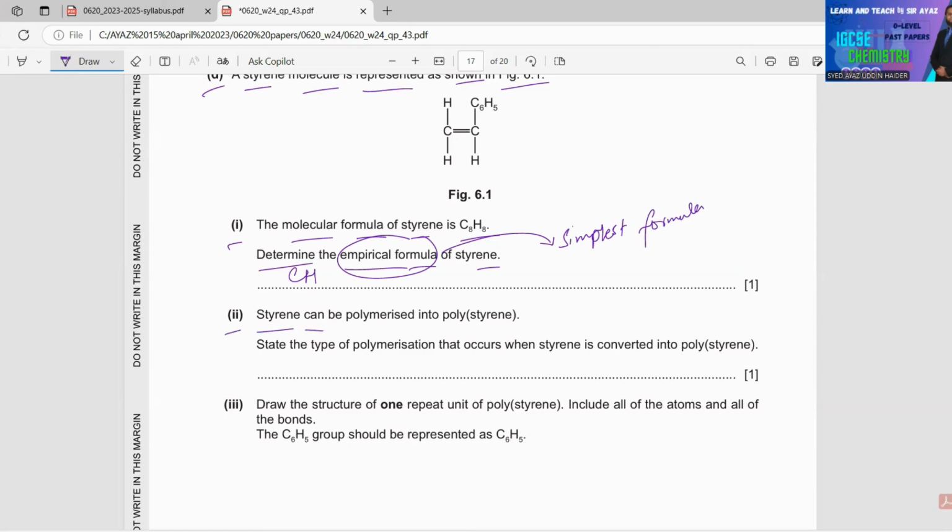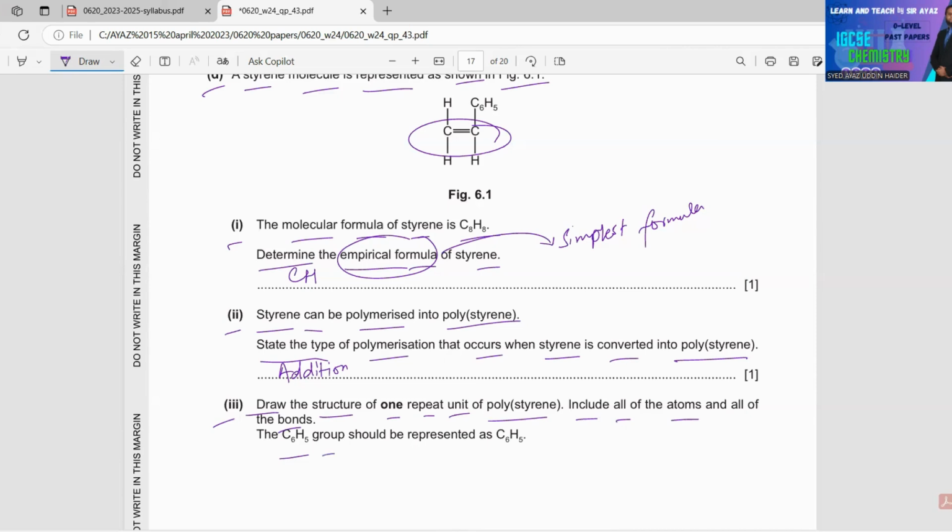Number 2, styrene can be polymerized into polystyrene. State the type of polymerization that occurs when styrene is converted into polystyrene. You see the double bond is here. So it will definitely go for addition. Addition polymerization. Last part. Draw the structure of one repeat unit of polystyrene. Include all of the atoms and all of the bonds.